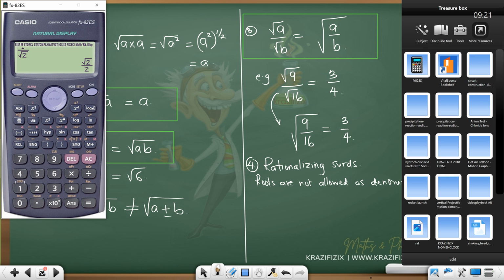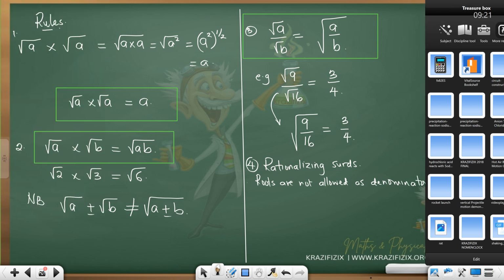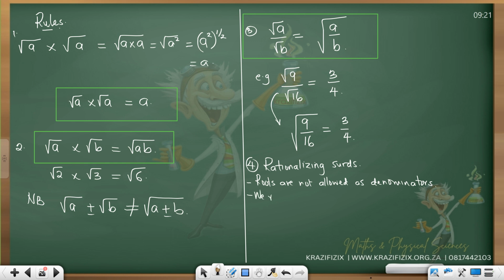So how do I rationalize? We rationalize to remove surd denominators, and it's very easy. 1 over root of a becomes, now look at what you do.